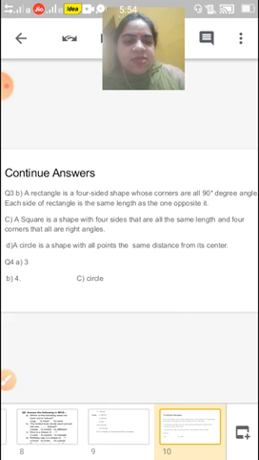Now last, a circle is a shape with all points the same distance from its center. Now fourth question, a triangle is having how many sides? Three sides. Next, a rectangle is having how many sides? Four sides. Now next, what is the shape of your chapati? It is a circle. So children, write your answers properly.